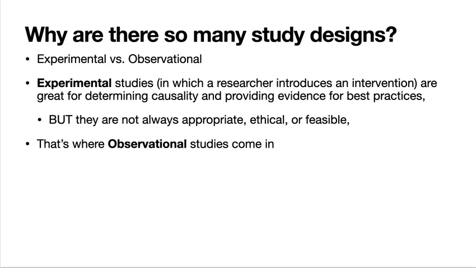We cannot put people in harm's way just to see what happens to them for scientific purposes. We can't do that. So if our study can't be done experimentally, either because it's not doable or it's not ethical, that's where we have all these other study designs. And we talked about those other study designs. Those are observational studies, okay?